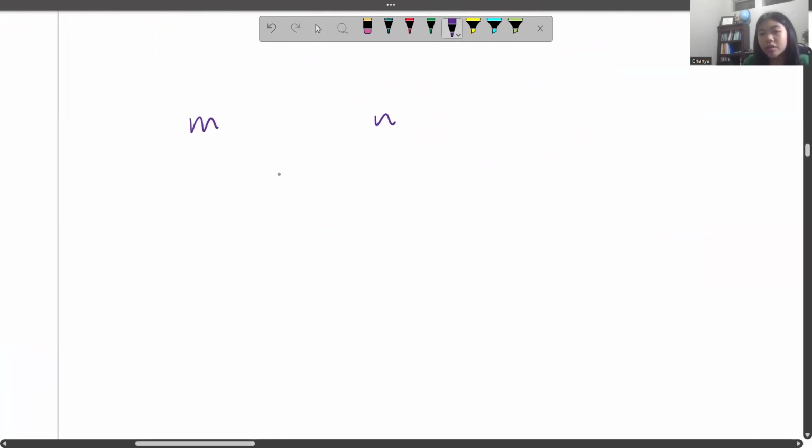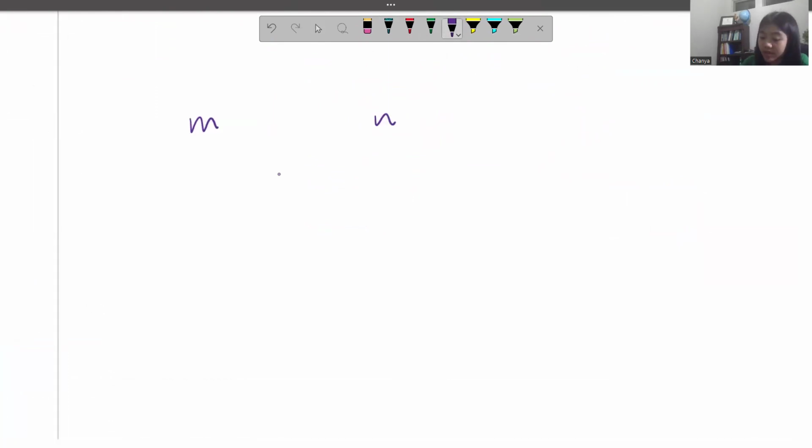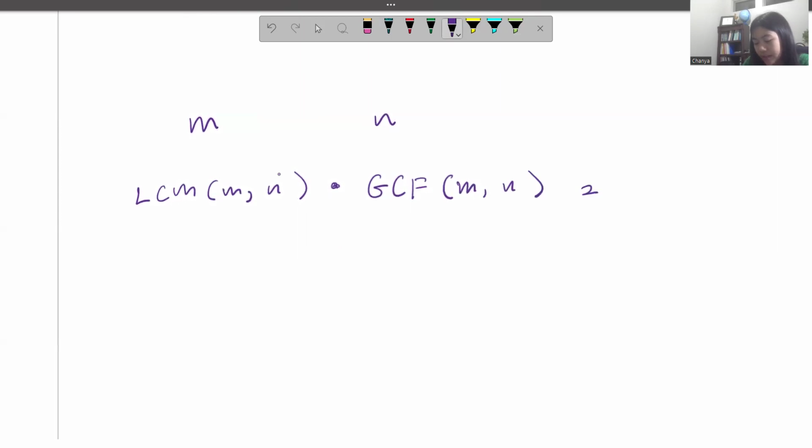If you have a number M and a number N, those two are both numbers, then the LCM of M and N times the GCF of M and N is just equal to M times N. It's equal to M times N. And looking at how you find the LCM and how you find the GCF, I'm going to leave you to figure out why that is true. Just a little exercise for the viewer.